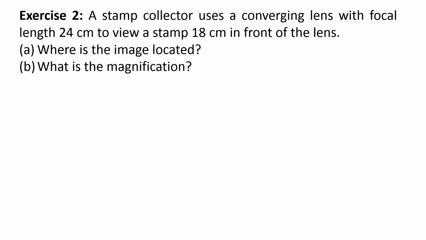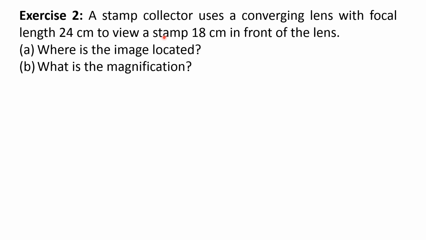Question number 2. A stamp collector uses a converging lens with focal length 24 centimeter to view a stamp 18 centimeter in front of the lens. Where is the image located? We are asked to find the location of the image, meaning the position of the image.